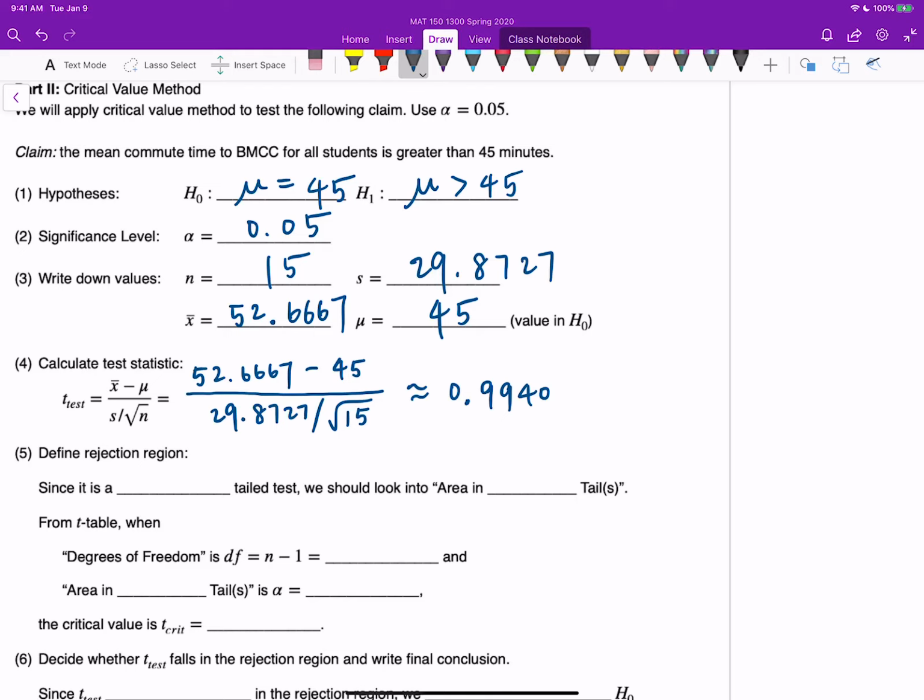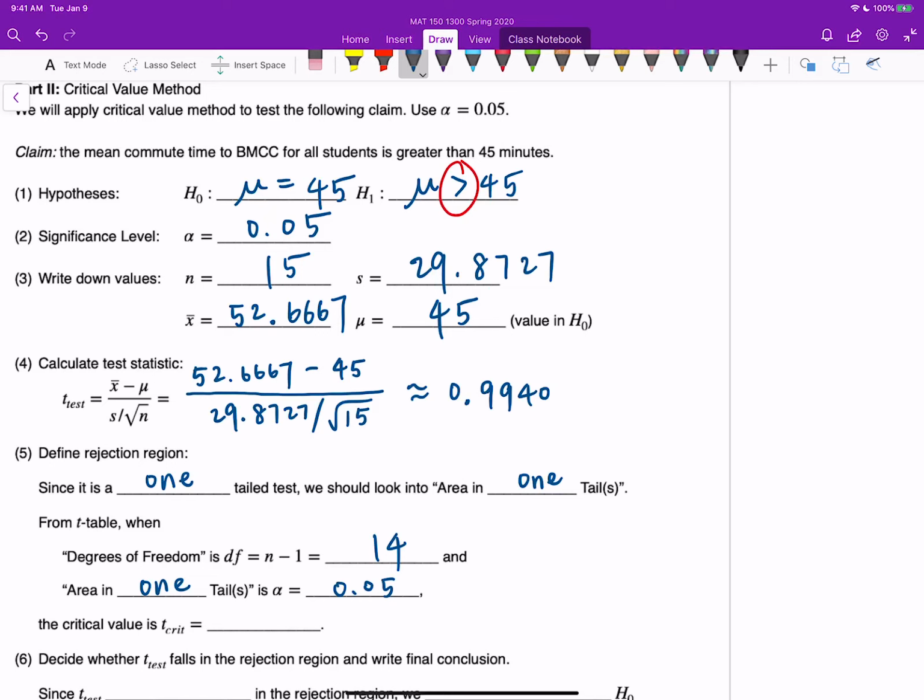Since it is a one-tail test, you just look at the alternative hypothesis, which is greater than. You could say right-tail test, but the more important part is one or two-tail. It's one tail, so we should look into the area in one tail from the t-table. The degree of freedom is n minus 1, that is 14, and the area in one tail is alpha, which is 0.05.